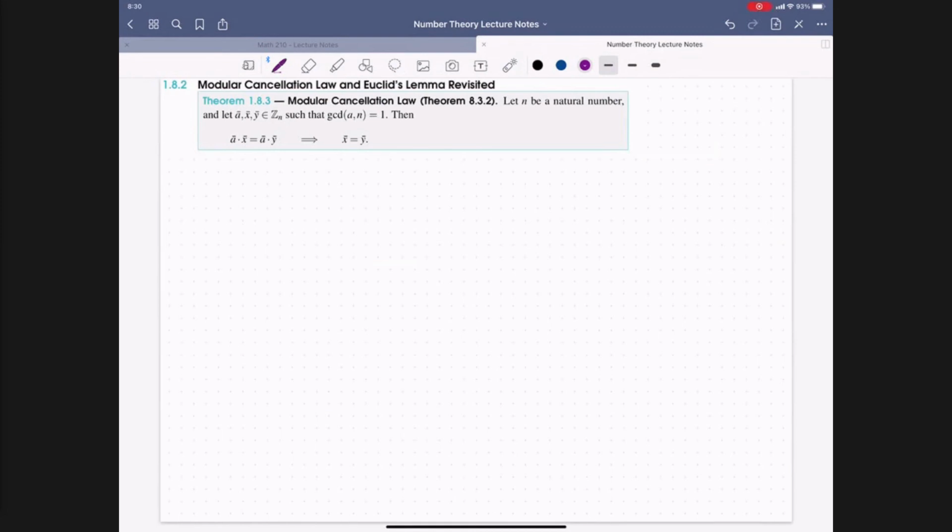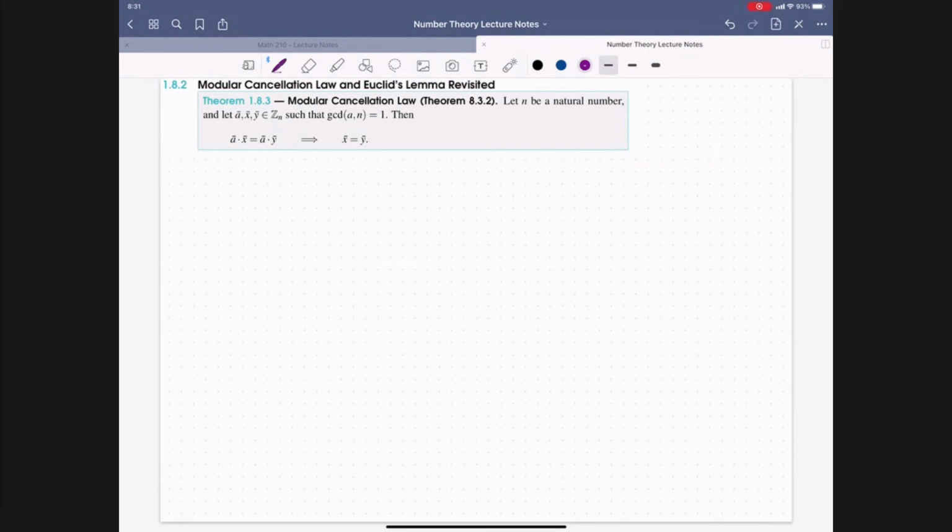So moving on, let us now prove what is known as the modular cancellation law. And so this is what Phil in the homework exercise failed to ensure. He used the modular cancellation law by multiplying by 1/2, but that's not allowed in the integers modulo 8. But now we actually have a way of canceling.